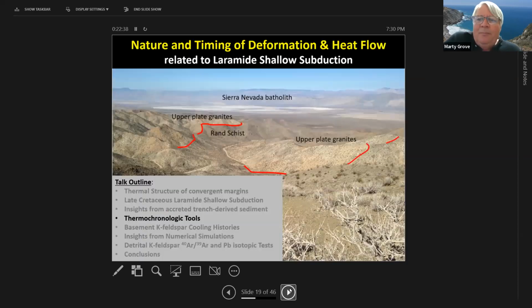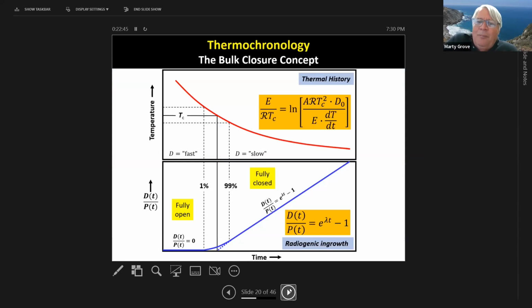And so right now I'm just going to say a few things briefly about the kinds of tools that we're using right in here. Some of you may be familiar with the concept of a cooling age. We can give a kinetic significance, a temperature significance to these if we have diffusion data from the mineral that's hosting the daughter product that we use for thermochronology.